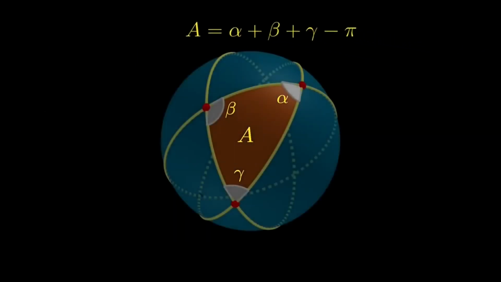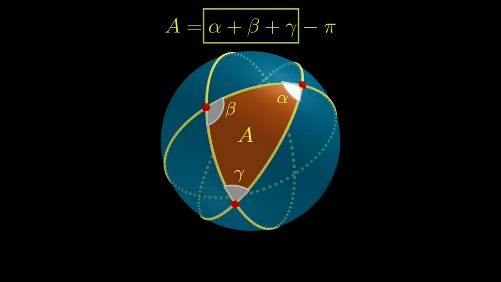The first part is like adding up the interior angles of the spherical triangle, and pi, or 180 degrees, is the angle sum of a triangle on a normal flat plane. For this reason, this quantity is called the spherical excess. How much additional angle is there?